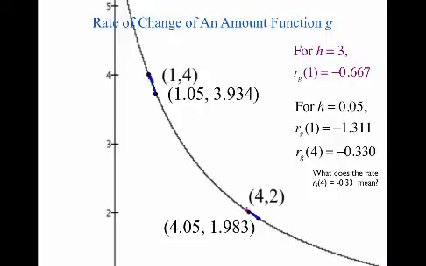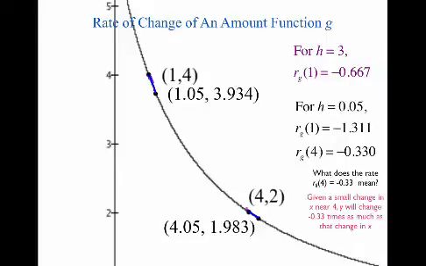Okay, perfect except for one little detail. For a small change in x. If the change in x is too big, then that won't be true. So for a small change in x. Okay, excellent.